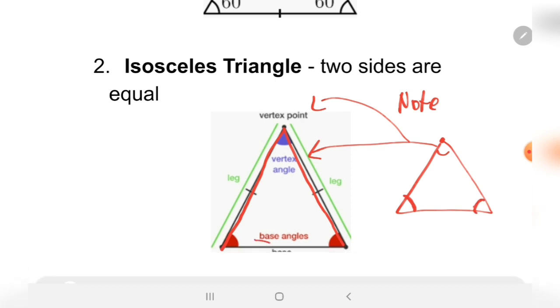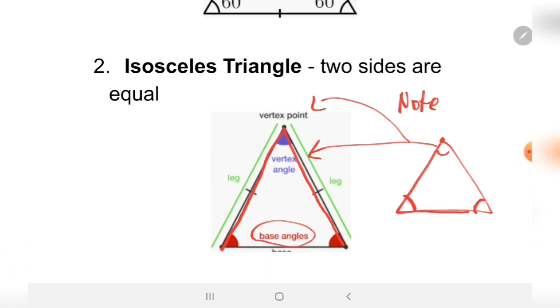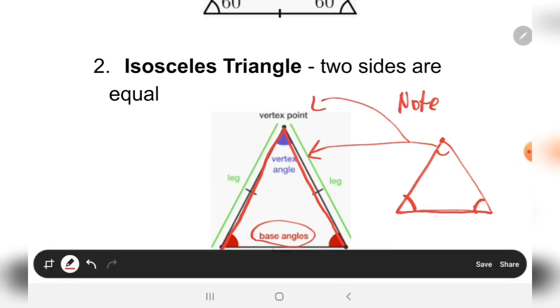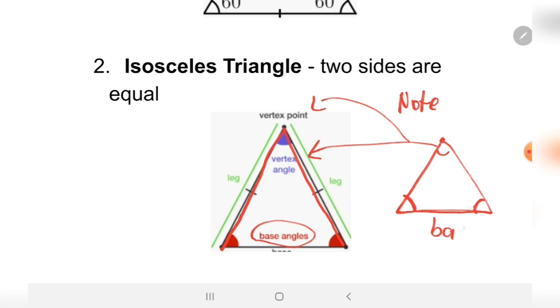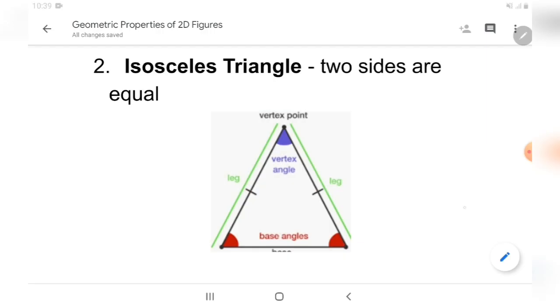At the bottom are the base angles, and the bottom leg here is what you call the base.